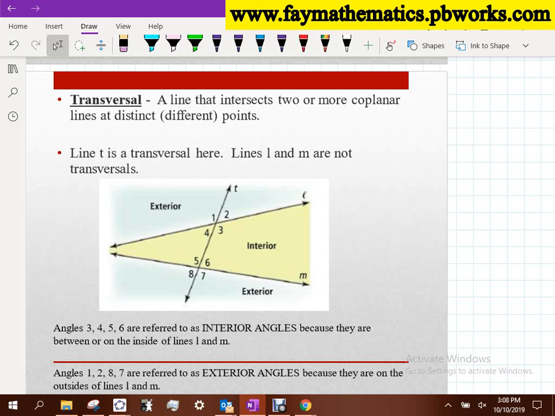2 and 7, okay? Now, you won't hear this word very often because they're not useful angles in anything that we do beyond this, but 2 and 7 are same side, what? Same side exterior, okay?